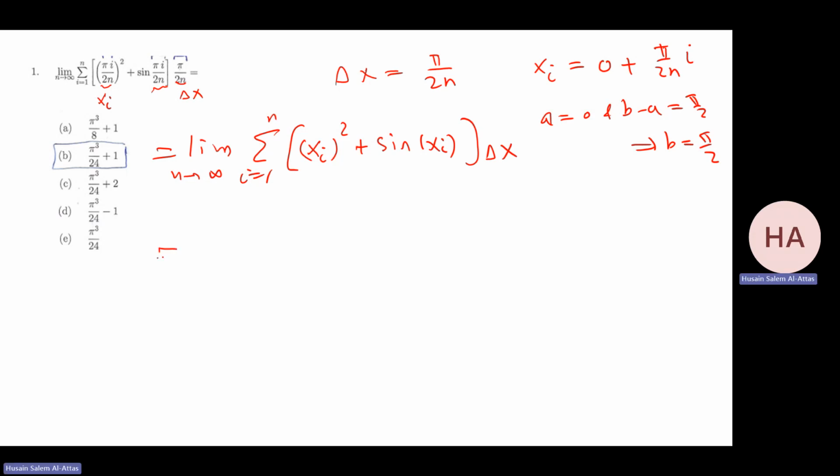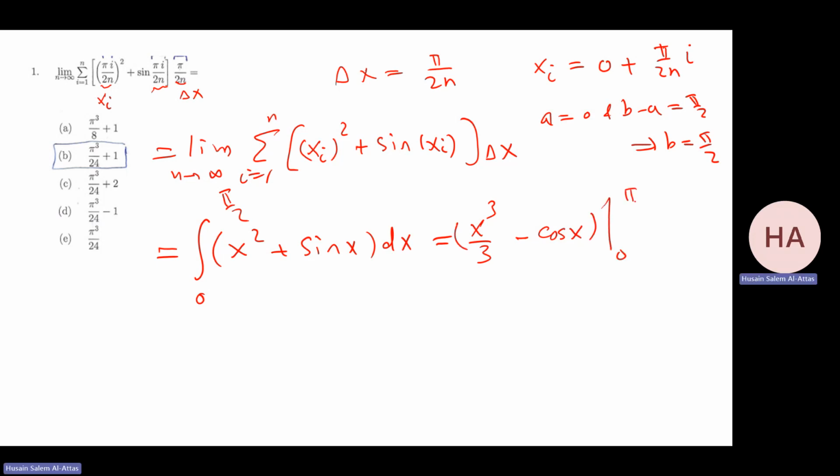Okay, so this will be the integral from 0 to pi over 2 of x square plus sine x dx. And that will be what? x cubed over 3 minus cosine x from 0 to pi over 2.